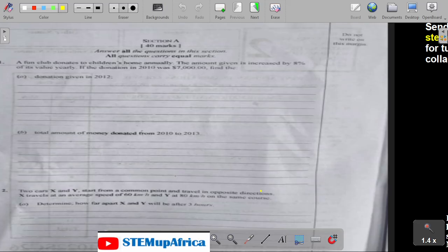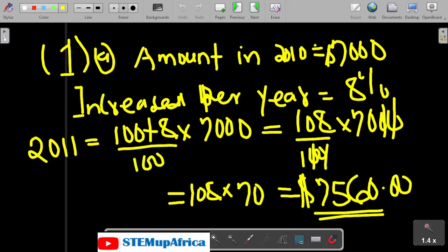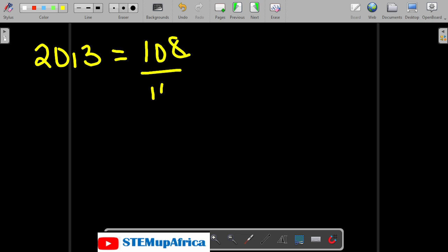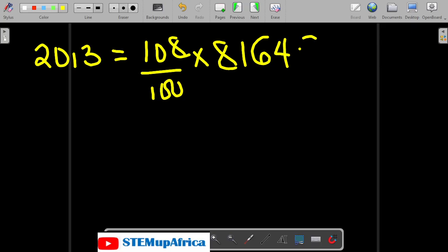It says find the total amount donated from 2010 to 2013. That means we need to calculate on that increment in 2013. So let's go for 2013. 2013 will be what? 108 over 100 times the amount in 2012, which is 8164.8.